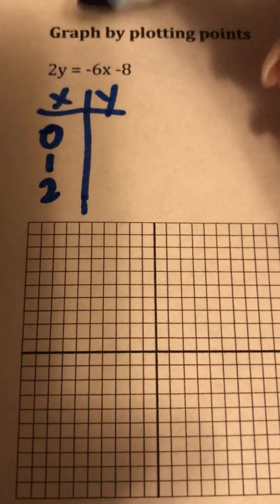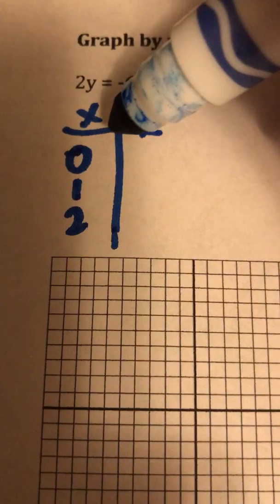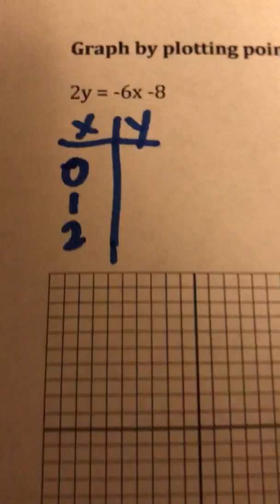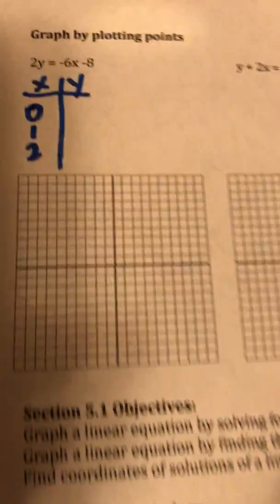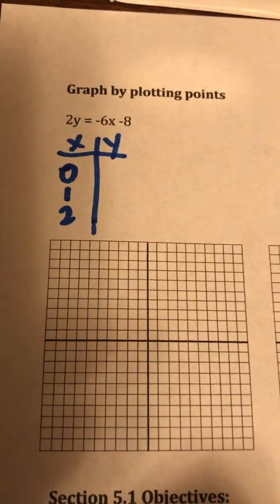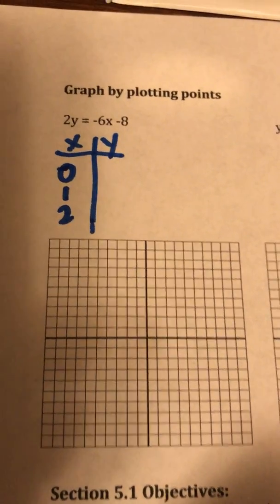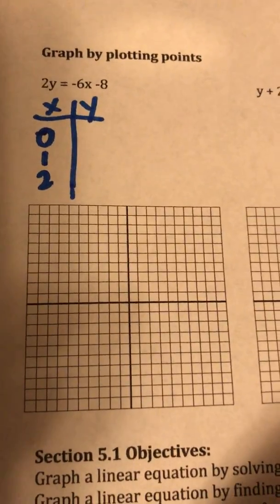If we're identifying x as 0, 1, and 2, then we're going to plug that x value into the equation. So in this case, we're going to use 0 first. So I'm going to write this down here. So we'll have 2y equals negative 6 times 0 minus 8.